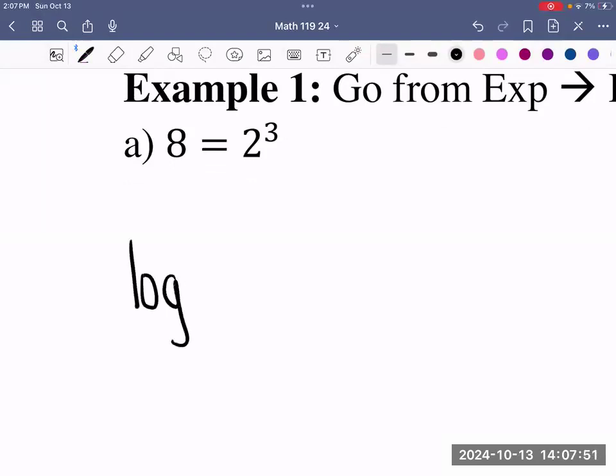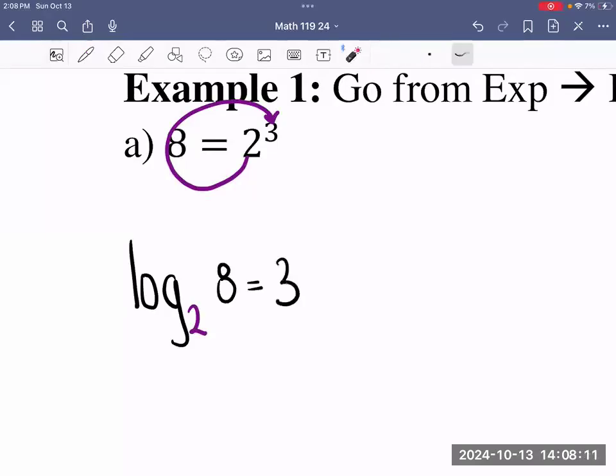To go to a log, you need the word log. So we start on 2, come up and around 8, and land on 3. The next thing we write is 2 down below, log base 2 of 8 is equal to 3. And again, notice that your bases need to match. You have a base of 2, which has to match the logarithm base.